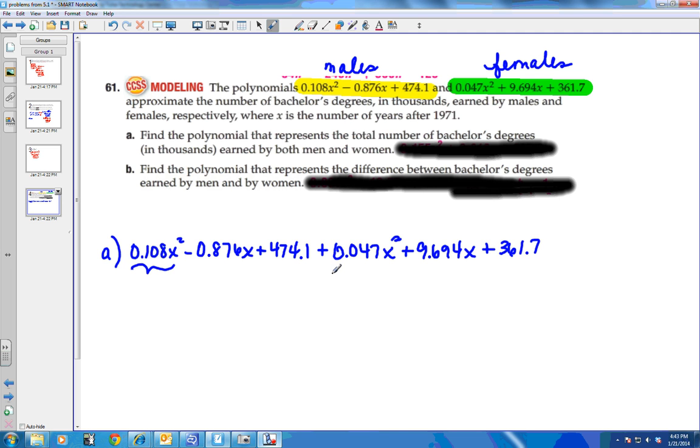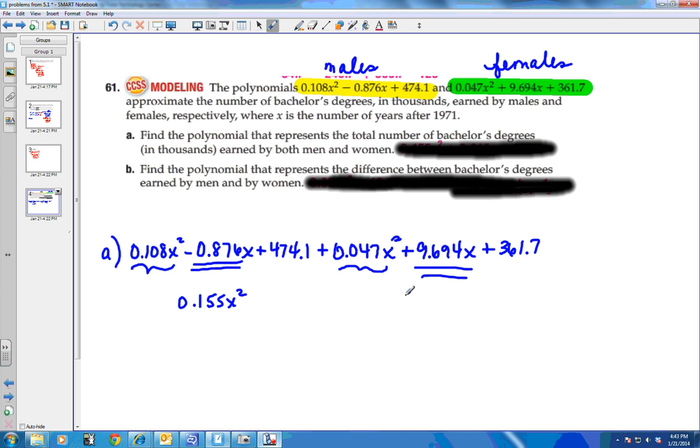This x squared and this x squared can go together. Okay, when I add 0.108 and 0.047 together, I'm going to get 0.155x squared. Now I have this that I can combine with this term.